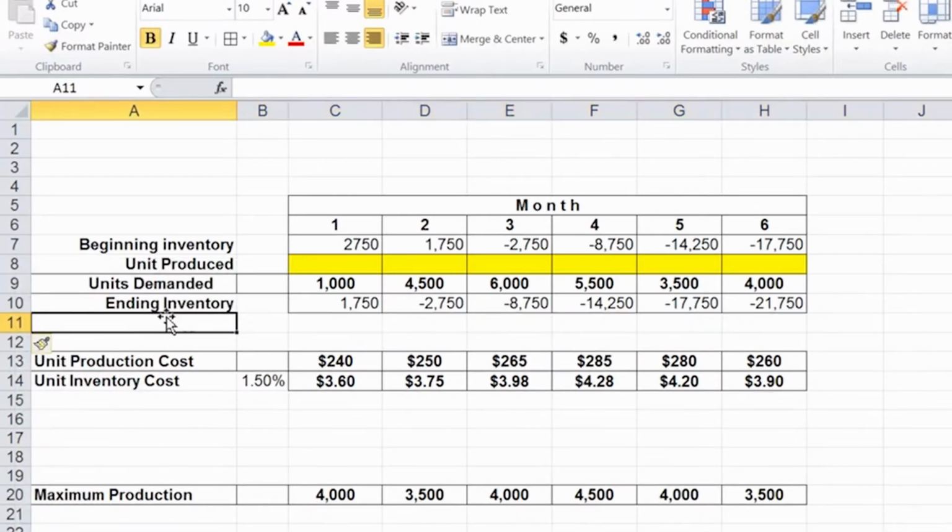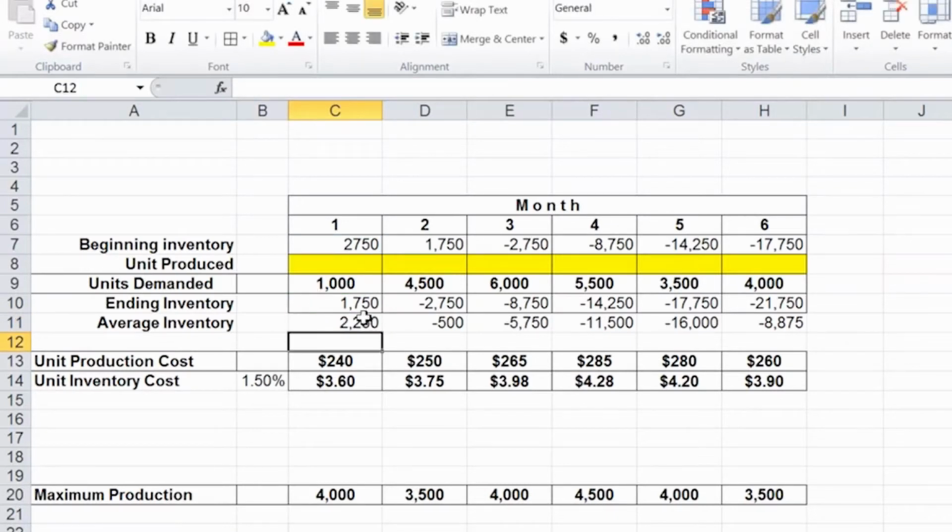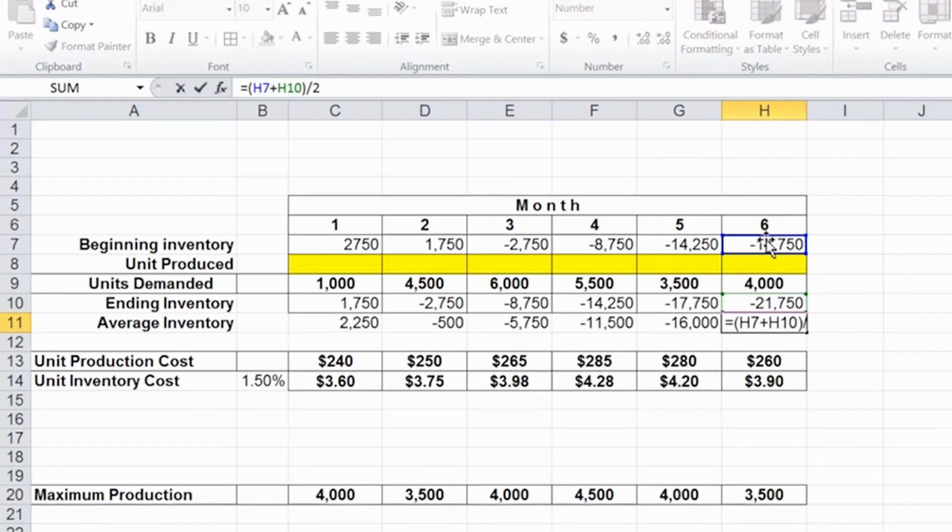Okay, so here I'll put average inventory. And this equals the beginning inventory plus the ending inventory. Okay, so let's copy this one. Click here. So it's the beginning inventory and the ending inventory. That helps calculate the average inventory.